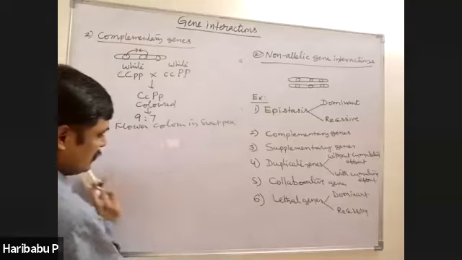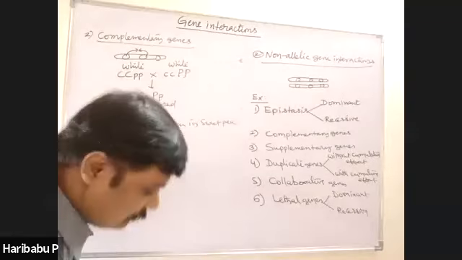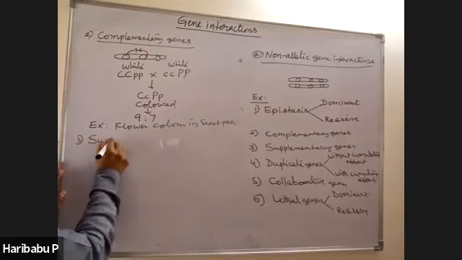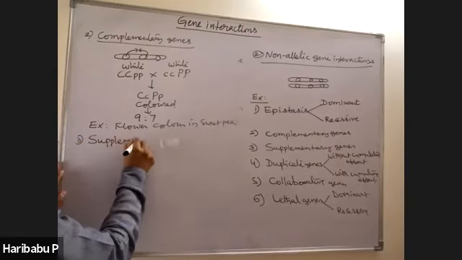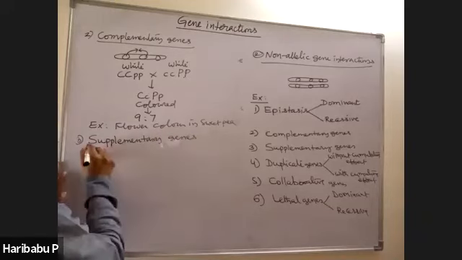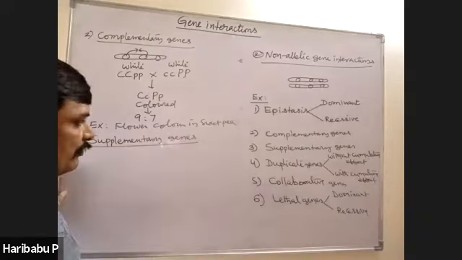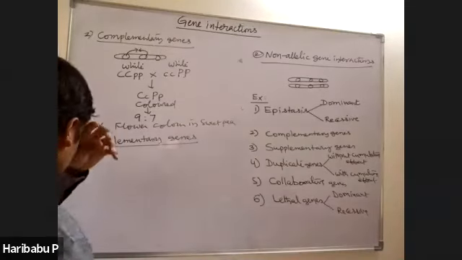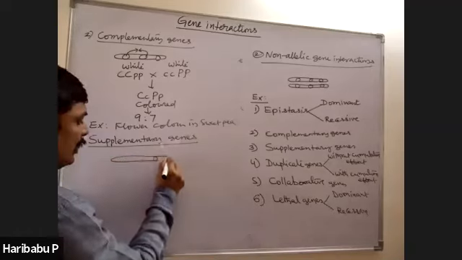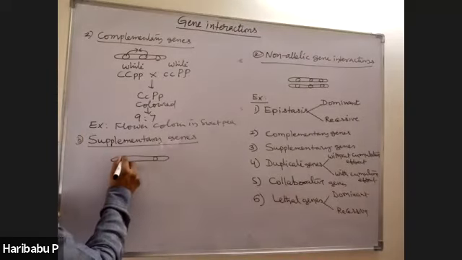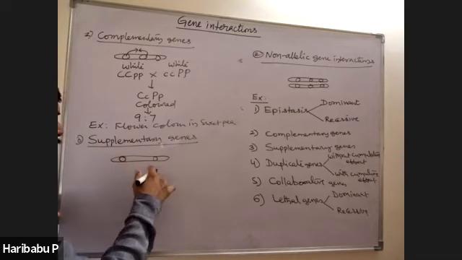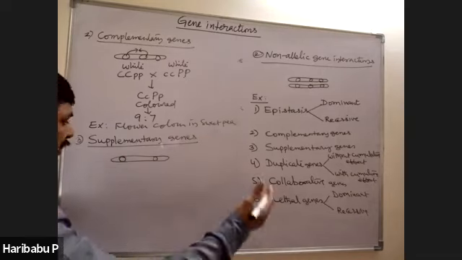Next one, supplementary genes. What are supplementary genes? And what is supplementary gene interaction? Try to understand carefully. Here, out of the non-allelic genes, one dominant gene itself produces a character.